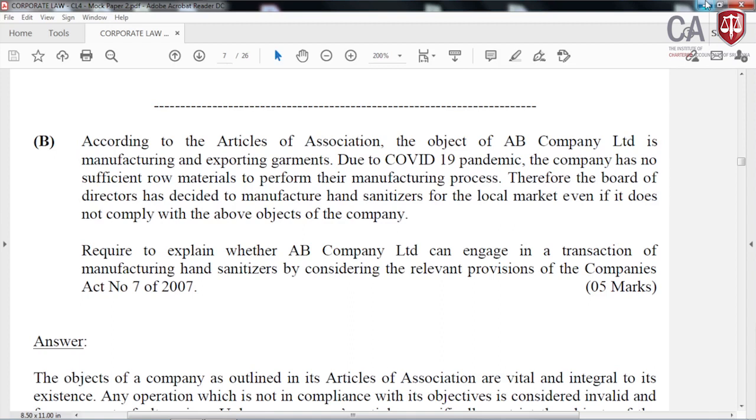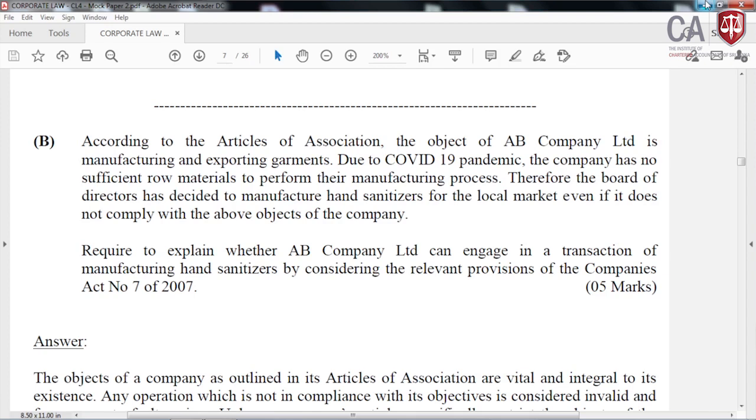Therefore, the board of directors has decided to manufacture hand sanitizers for the local market, even if it does not comply with the above objects of the company. You are required to explain whether AB Company Limited can engage in a transaction of manufacturing hand sanitizers by considering the relevant provisions of the Companies Act number 7 of 2007.